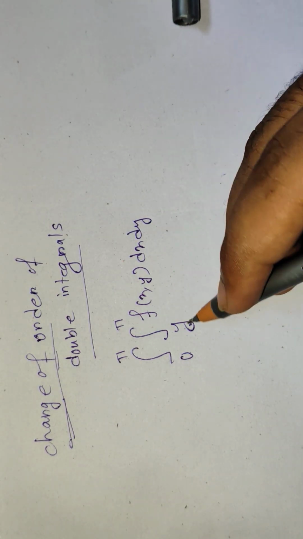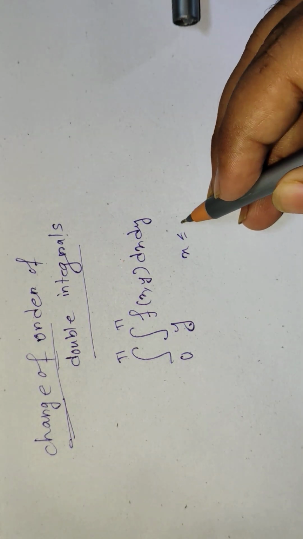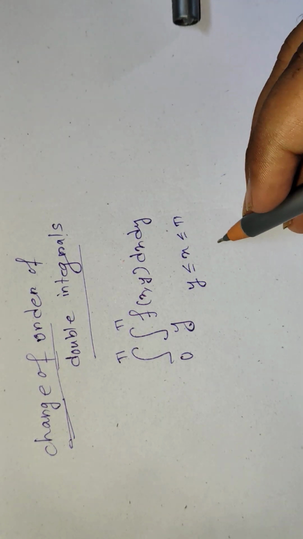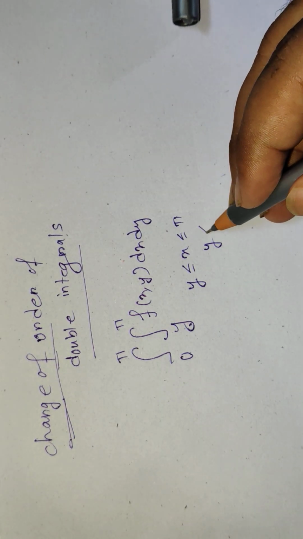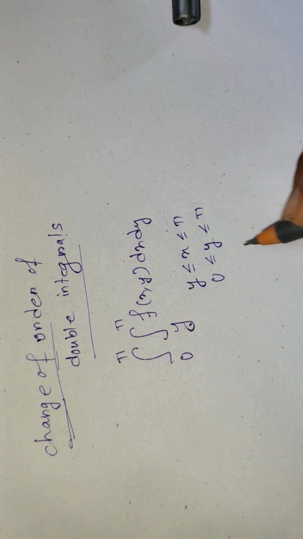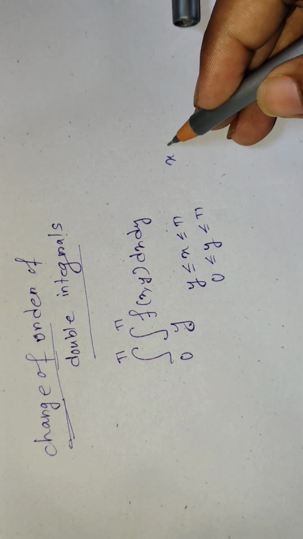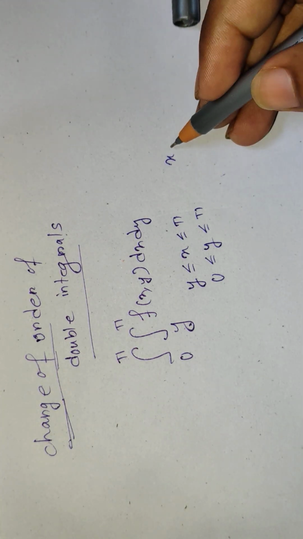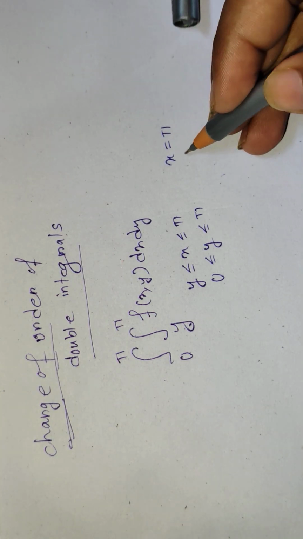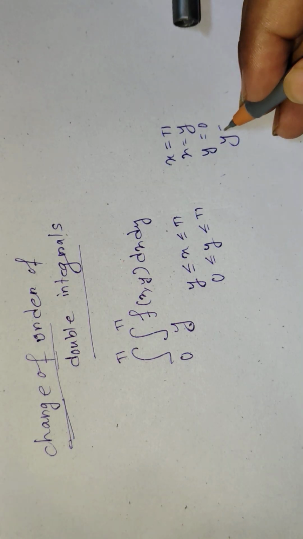The limits are saying x is less than or equal to pi, greater than or equal to y, and y is less than or equal to pi, greater than or equal to 0. So the inequalities give four equations: x equals pi, x equals y, y equals 0, and y equals pi.